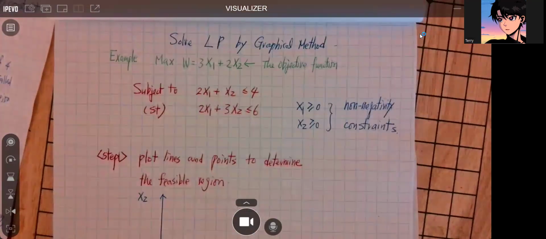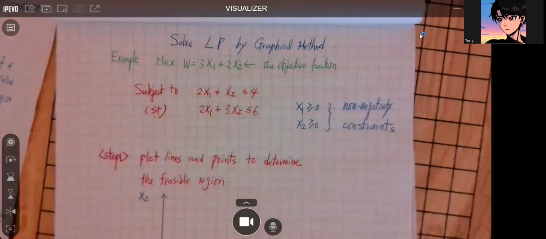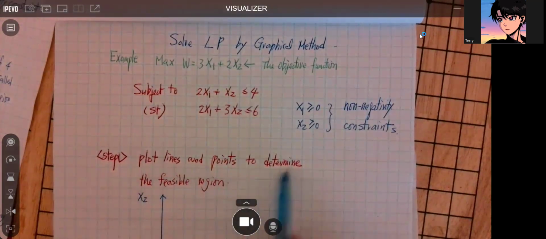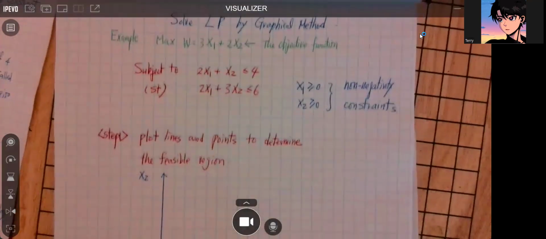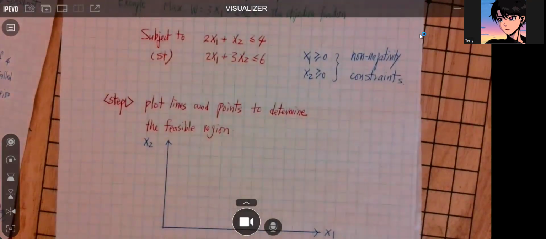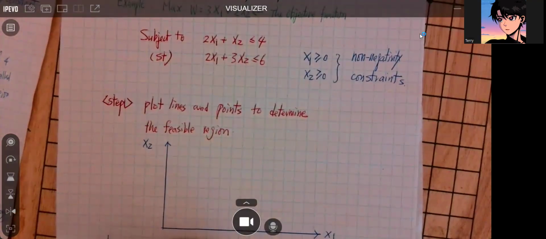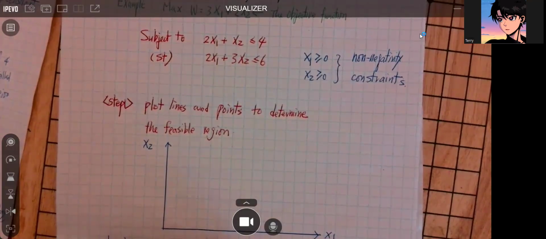Okay? And step 1, using the graphical method, is plotting points and lines to determine the feasible region. For that, we begin with the boundary of constraint 1.